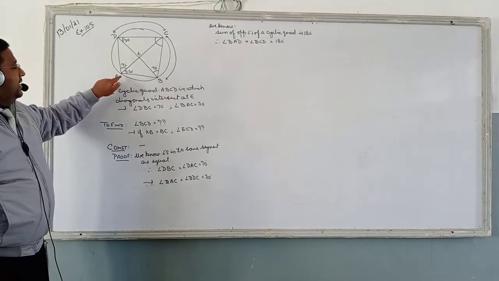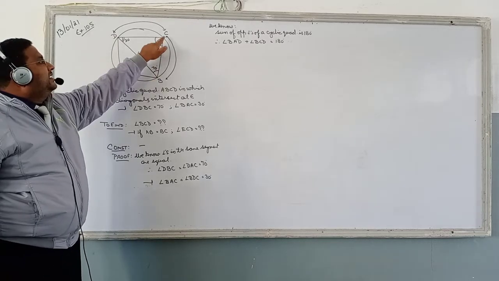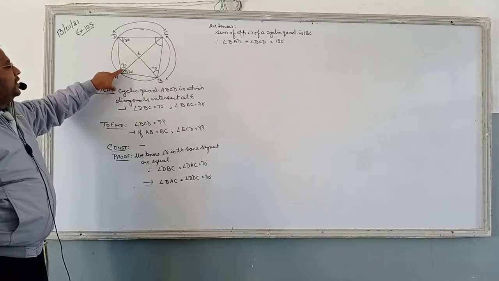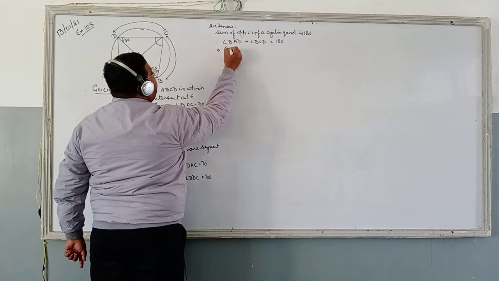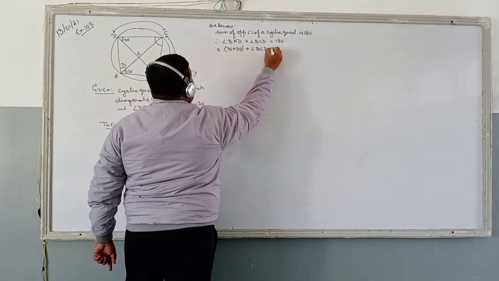Angle BAD is the complete angle, and angle BCD is how much? Angle BAD is made of 70 plus 30, so 70 degrees plus 30 degrees plus angle BCD, which we have to find.